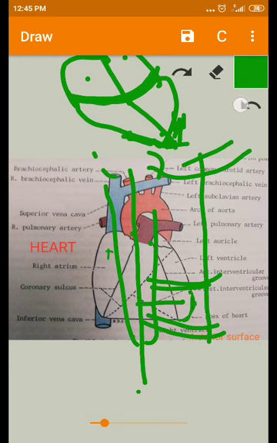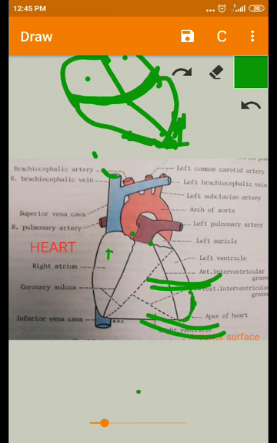In living subjects, that means living beings like us, pulsations may be seen and felt over this region. If you put a stud on the fifth intercostal space, we can feel the pulsations of the heart. You can put your hand also, and you can feel the pulsations of the heart at that area.